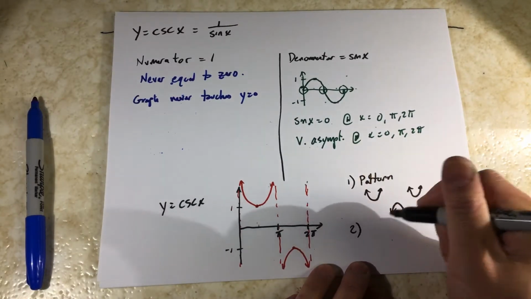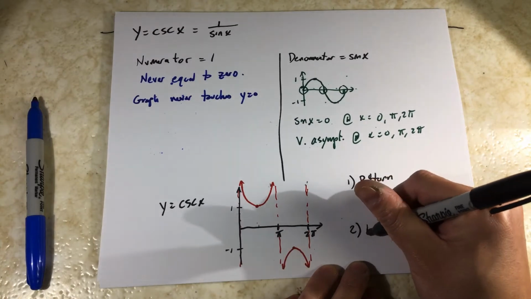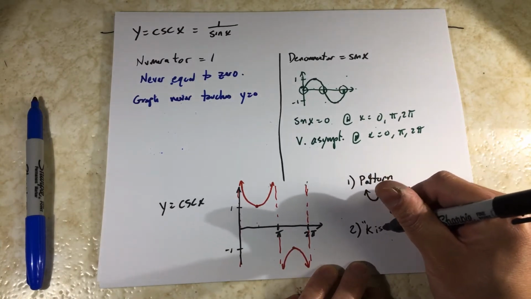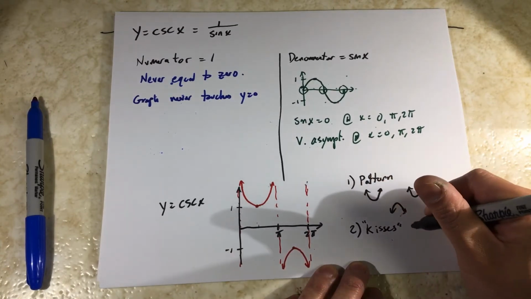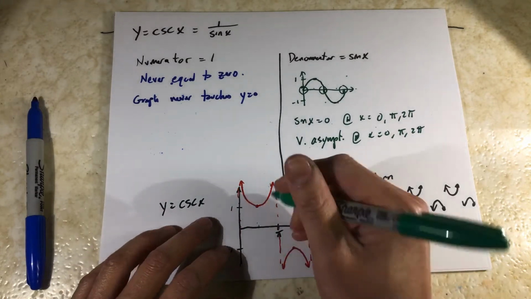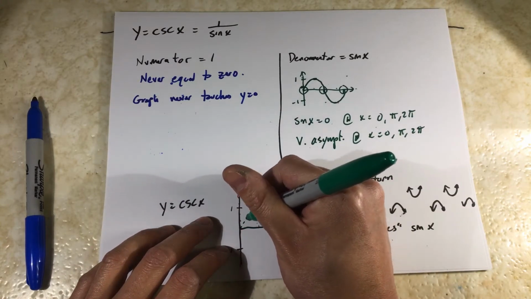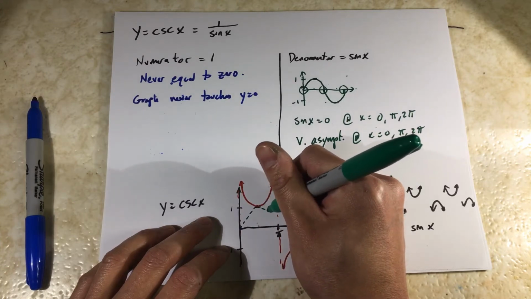The other thing is that sometimes you see books talk about this, which is that I'll put this in quotes, kisses the sine function. All right, so if we draw the sine function on here, I'll use green, that's consistent, the sine function will look kind of like this. I'll do it in kind of a dotted line so it's not too confusing.